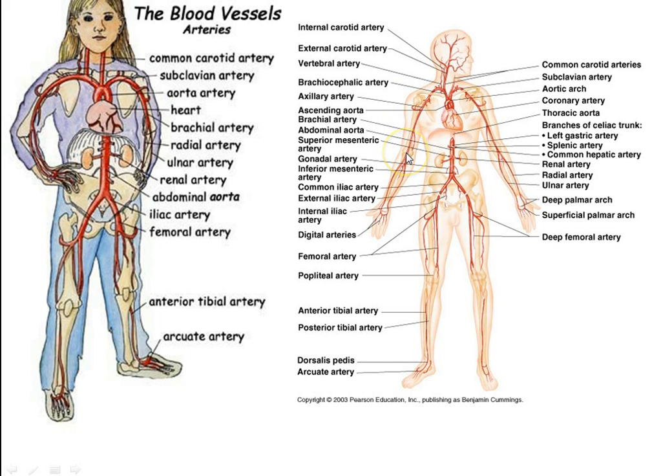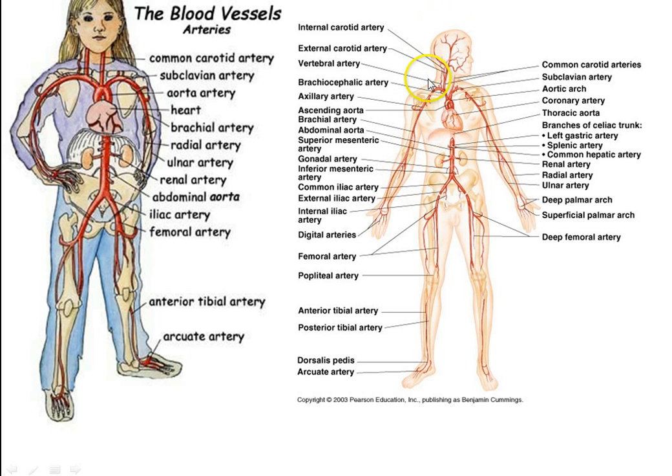You then get down to the elbow. At the elbow, it splits into the radial and the ulnar artery. Now remember, you're in the anatomical position, so the radial artery is going to be lateral, the ulnar artery is going to be medial. Again, subclavian, axillary artery, brachial artery, radial artery, ulnar artery.